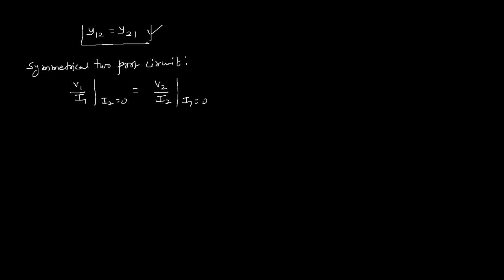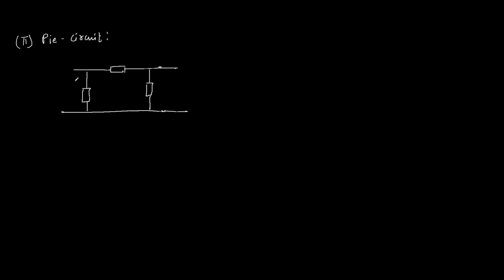Now we will find out the Y parameters for pi network or pi circuit. Why is this circuit called pi circuit? Because elements are connected in pi shape. We have three impedances that are connected in the shape of pi.